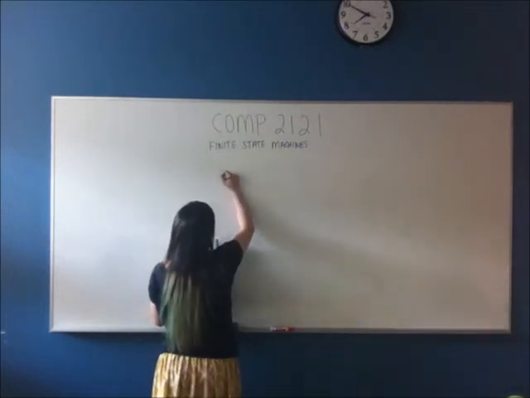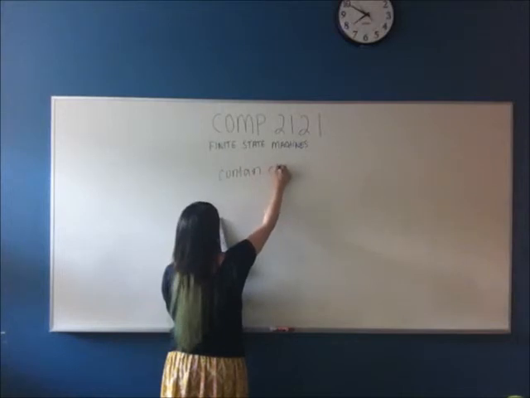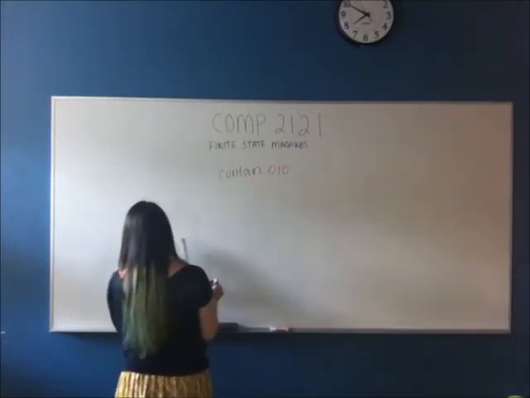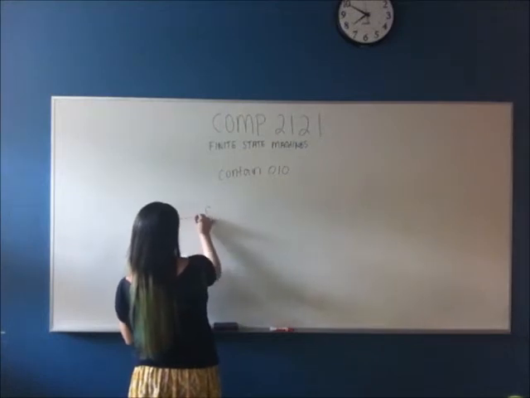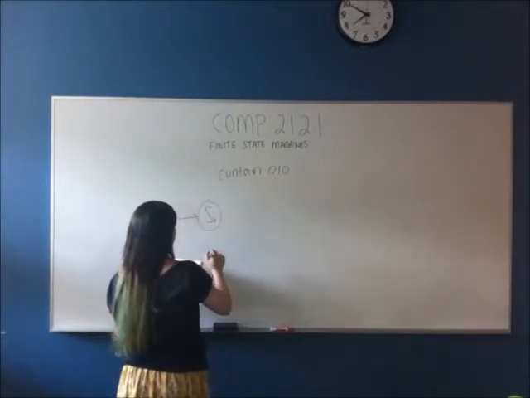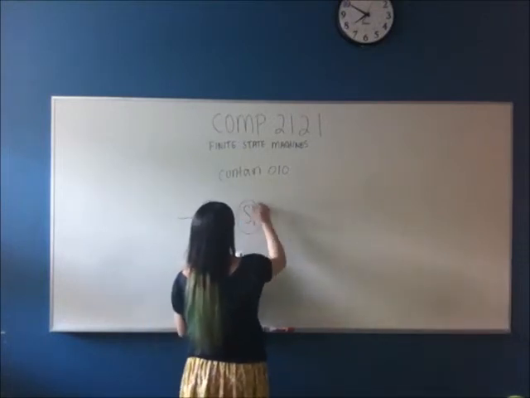Okay, the next example will contain 0, 1, 0. So you start with S0 and your arrow, S1, S2.